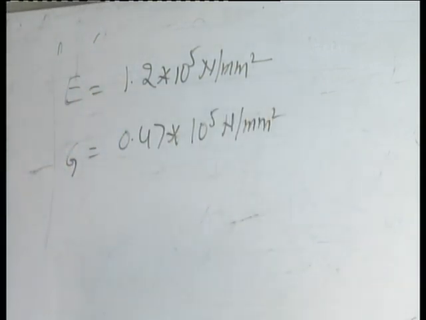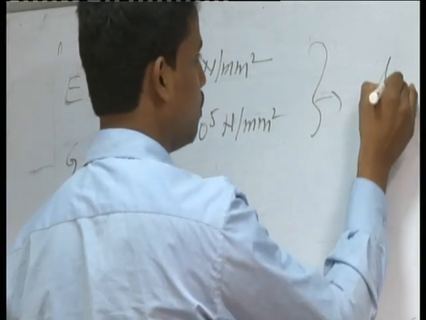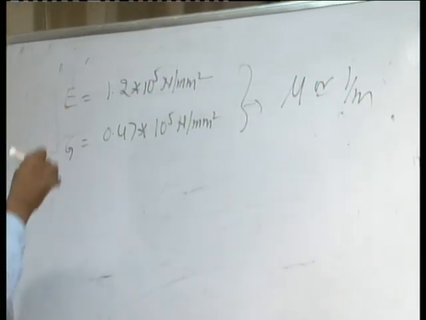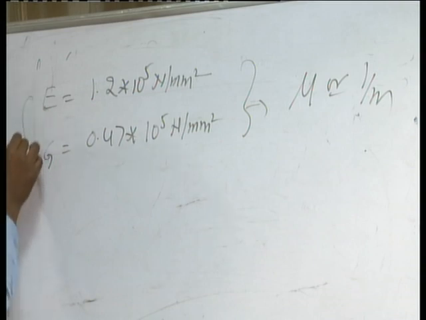In this case, we have to calculate the Poisson's ratio, that is mu or 1 by m, by using these two elastic constants.